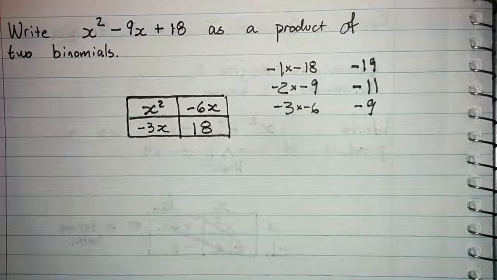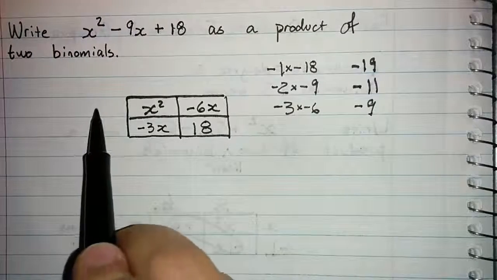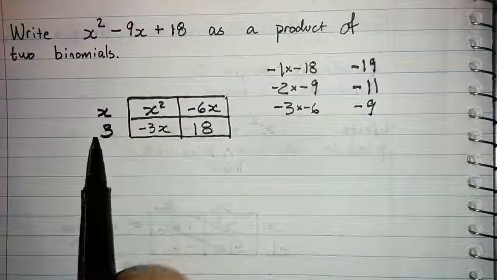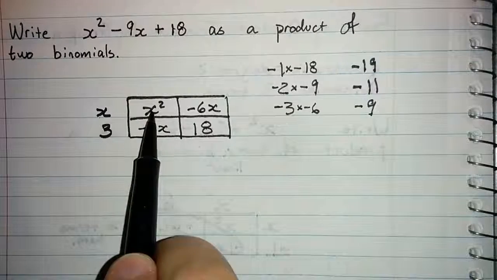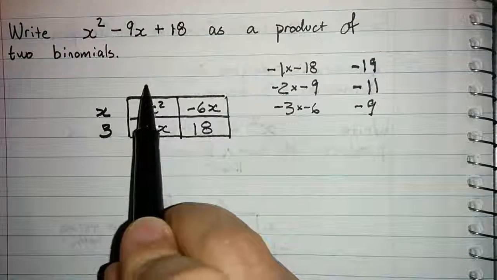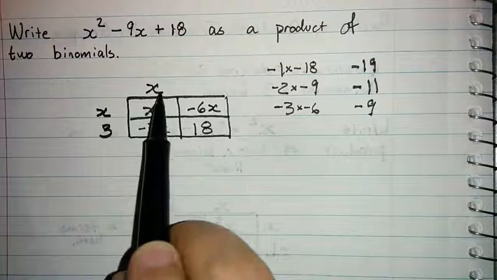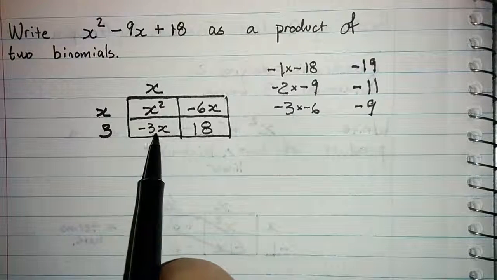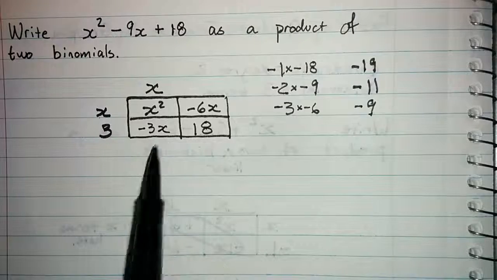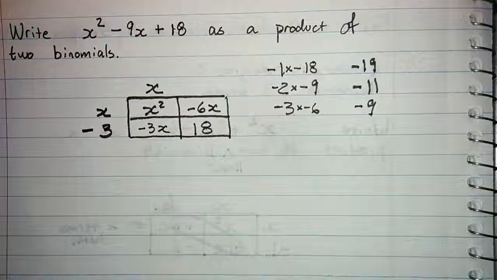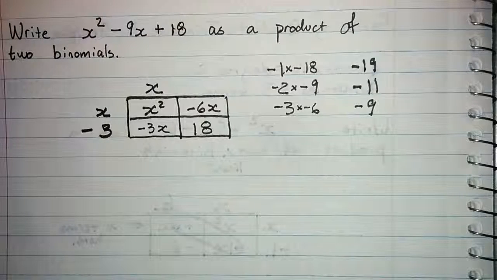What are the common factors in my rows? Here I have an x, and here I have a 3. X times what gives me x squared? X times x gives me x squared. Does x times 3 give me negative 3x? Well, no, it gives me a positive 3x. Maybe this better be a negative 3.